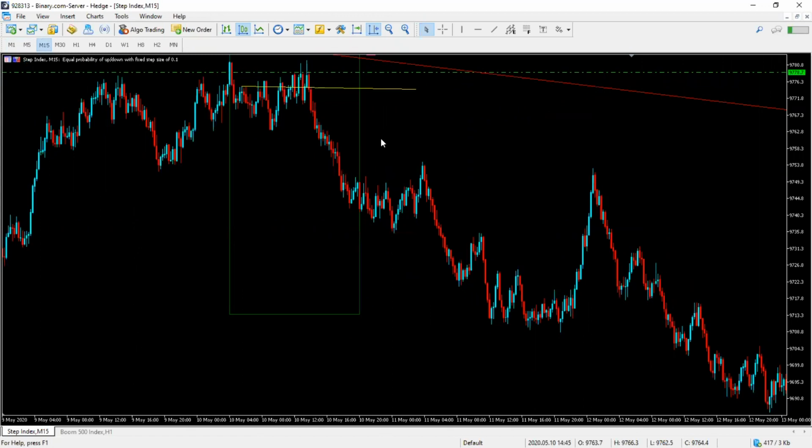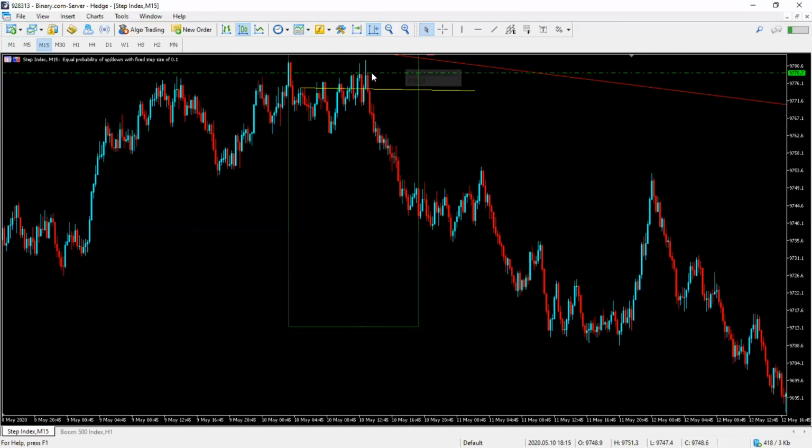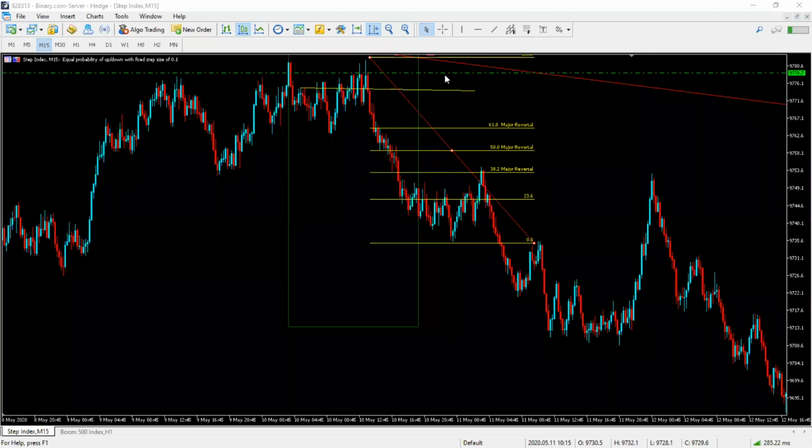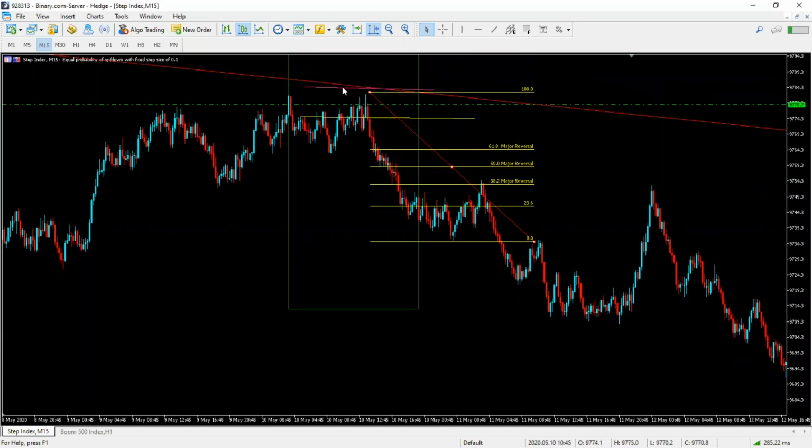Where you entered from, once you see that the market has gone down and it has reached a level like a rejection, like this here, where you see a major reversal, I'll definitely give you this topic on the Fibonacci so that you can basically understand it in detail.